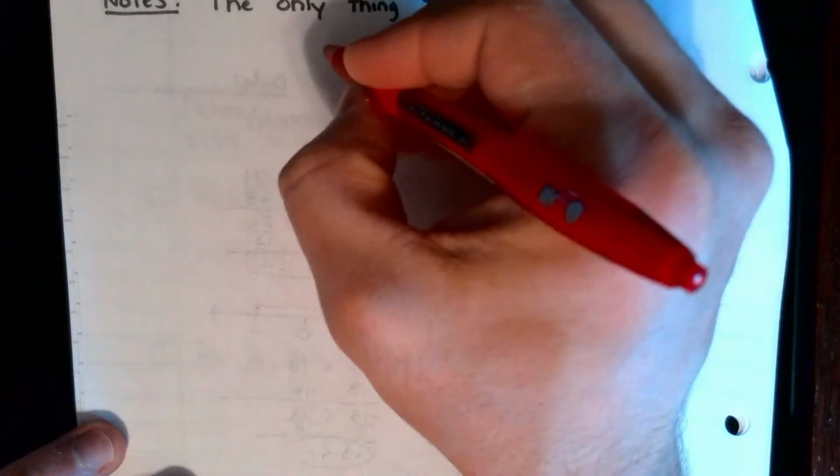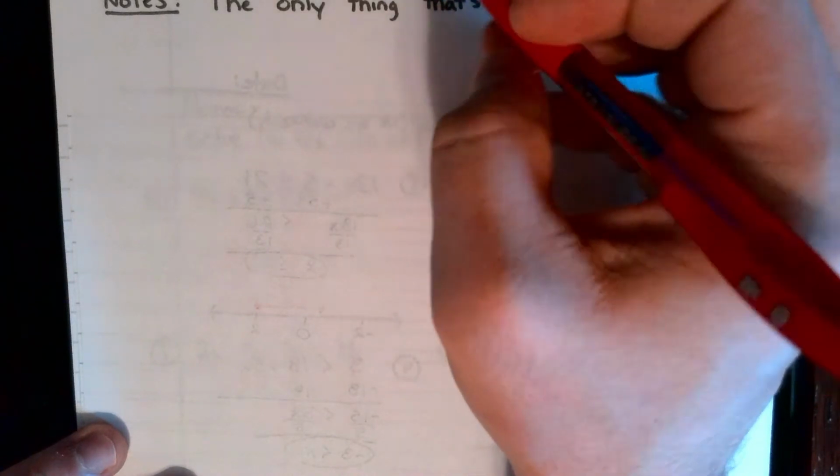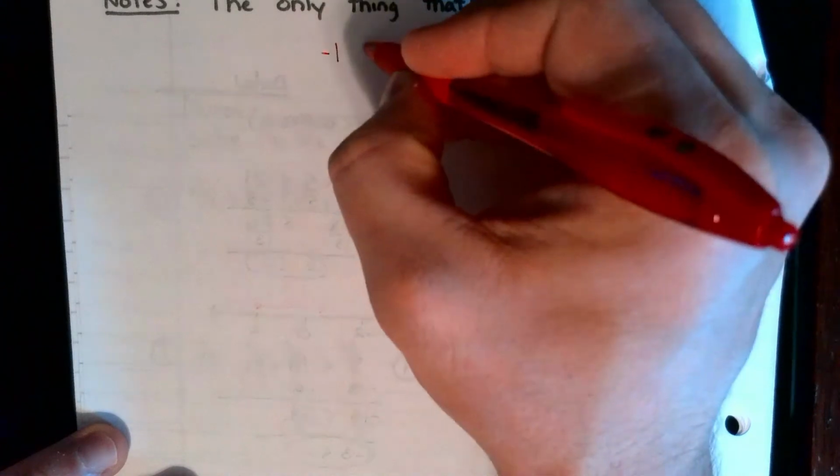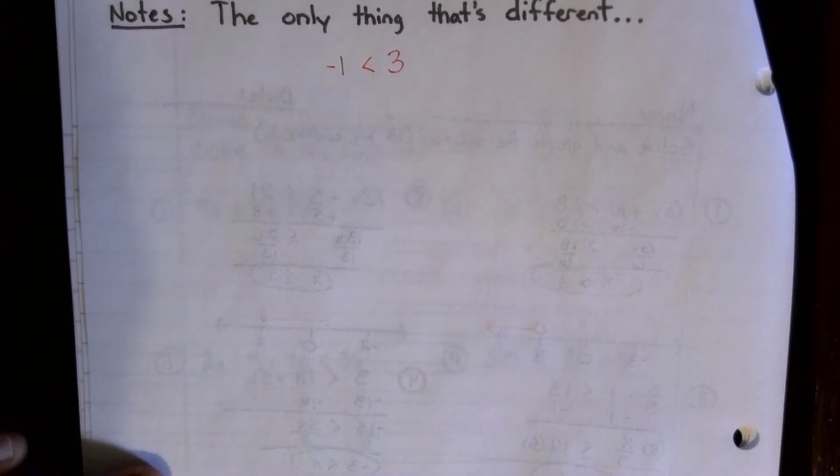I told you guys before that algebra would keep everything the same, and that was mostly true, but something funny happens sometimes when you start dealing with negatives. So let's start out with a true statement nobody can argue with. -1 is less than 3. And everybody would say, without a doubt, -1 is indeed less than 3.